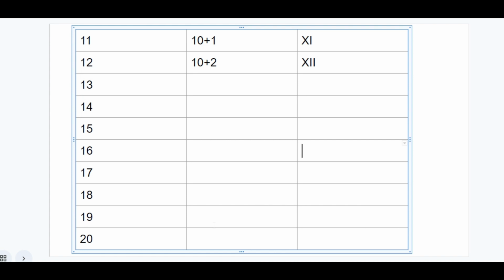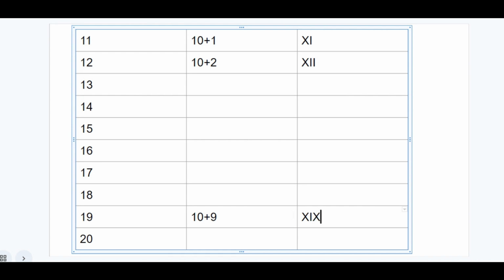Okay, so now I'm going to do 19 for you. Okay, so look at here, what we have to do, 10 plus 9. Okay, 10 is equals to X, and you remember that what 9 is equals to, we just have done in the last slide, 9 is equals to 10 minus 1, that was IX.